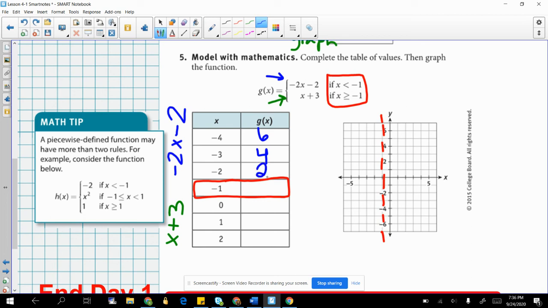Minus 2 is a 2. Okay. Then this red one, we can do in red. So we'll plug in -1 and -2x minus 2, sorry about that, -2 times -1 is 2, minus 2 would be 0.